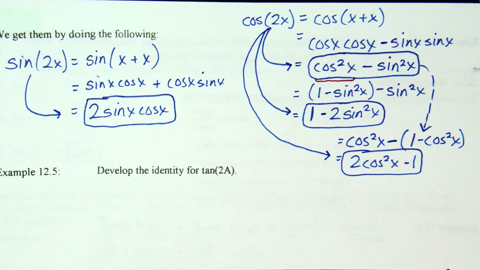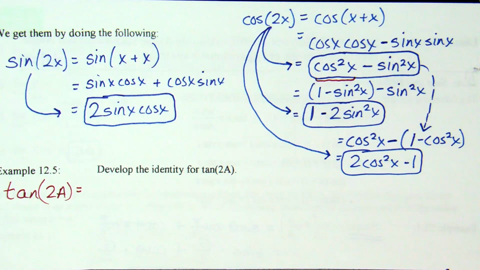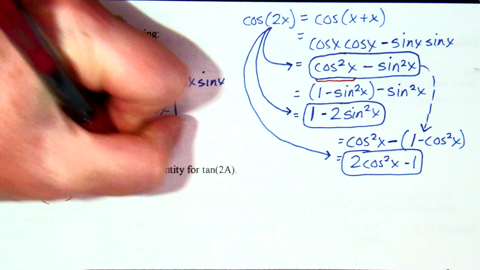Okay, do you remember the double angle identity for tangent? I don't usually either, so let's take a similar process here and go through this. Tangent 2a. Well, what do we know about 2a? It's a plus a. So this is tangent of a plus a.